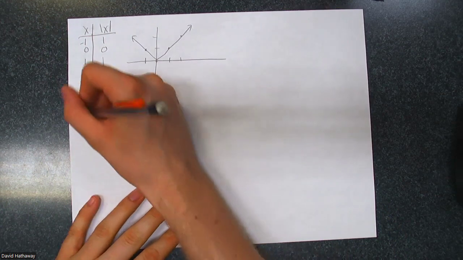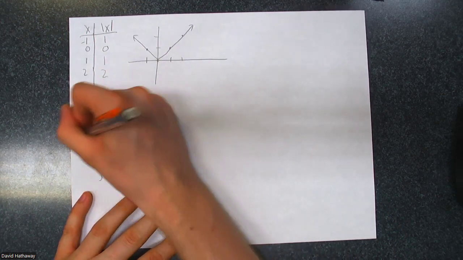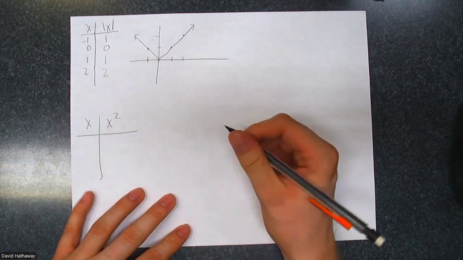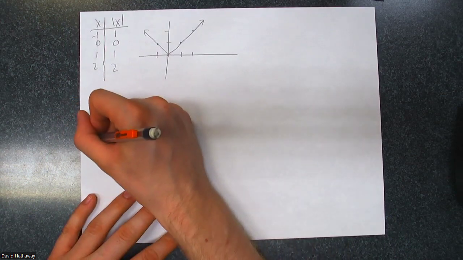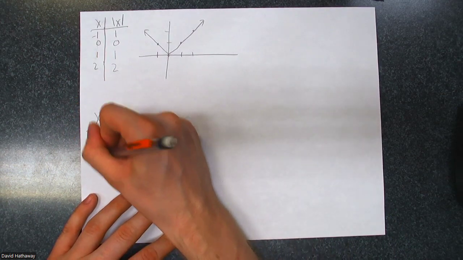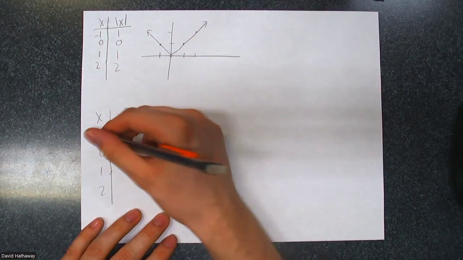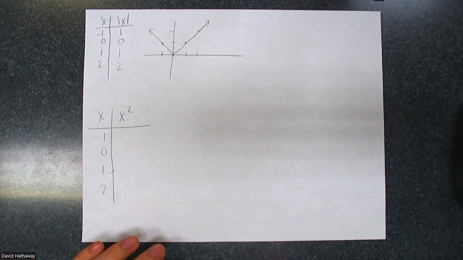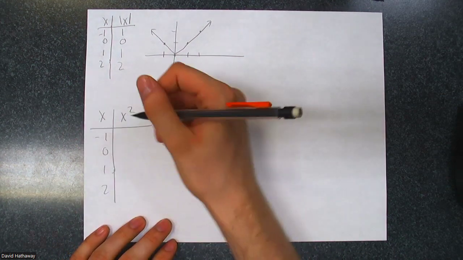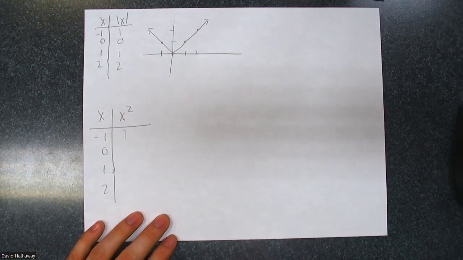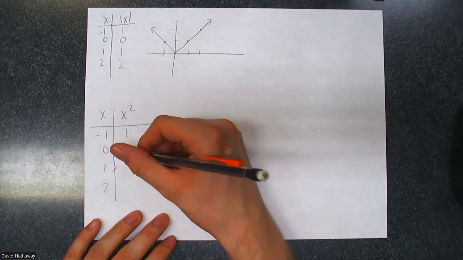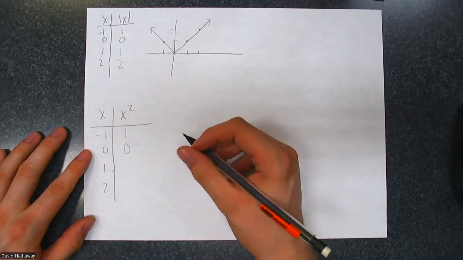Let's look at the shape of x squared. So we'll have x and we'll have x squared values. And I'll use the same numbers, -1, 0, 1, and 2. If I plug in -1 into x squared, -1 times -1 is going to be 1. If I plug in 0, 0 times 0 is 0.